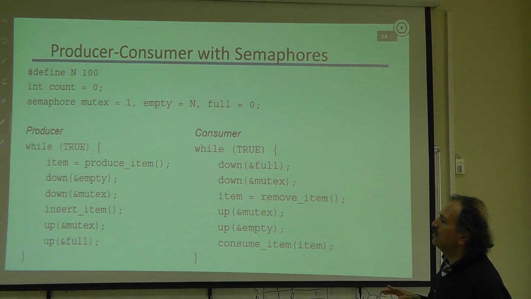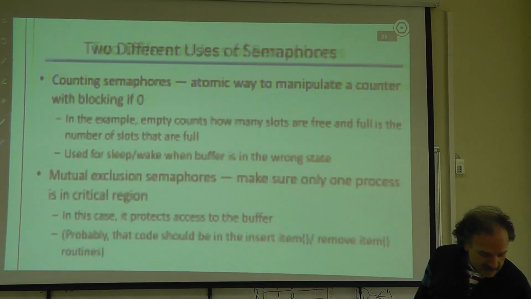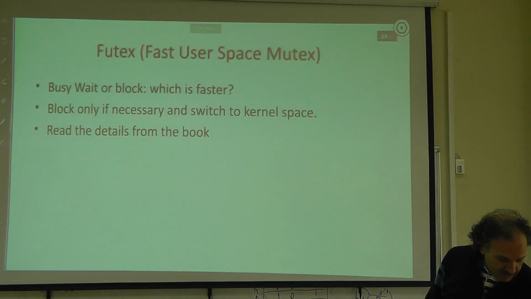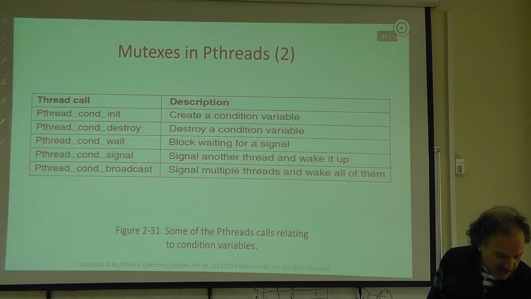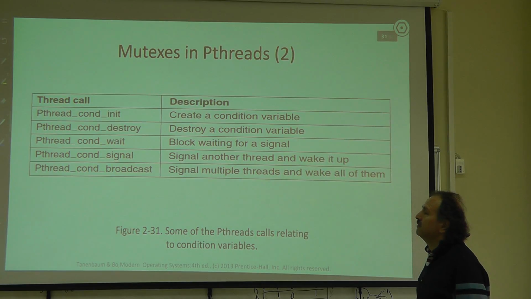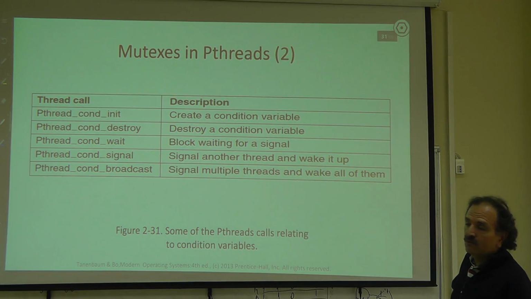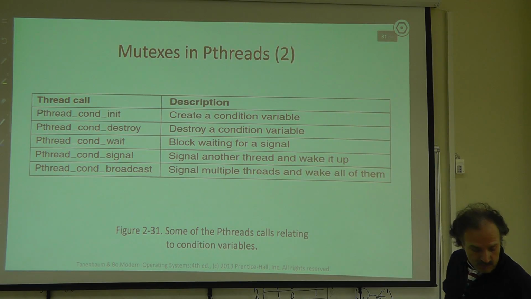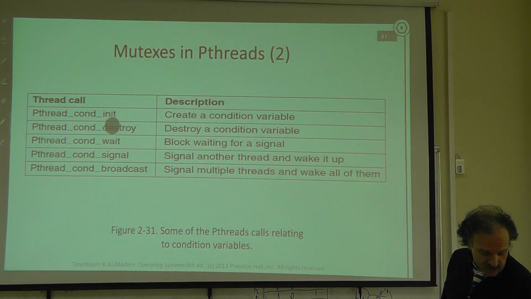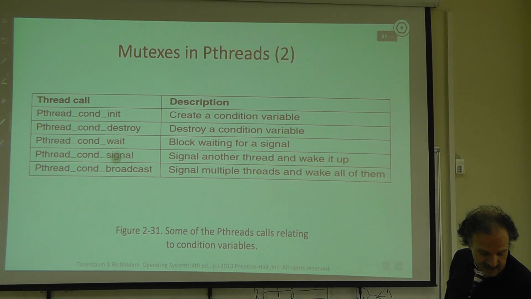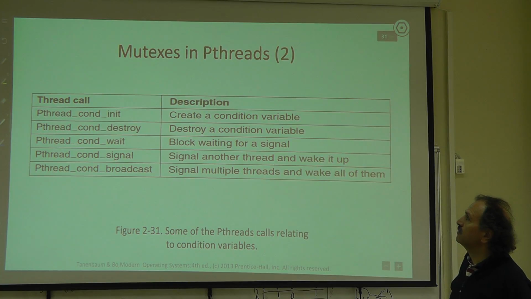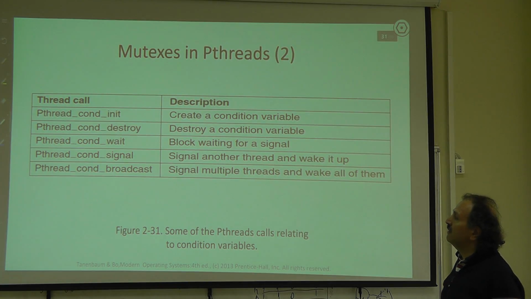Most of the time, with the mutexes, you need another way of checking if the buffers are available. For that, we have the condition variables. They are almost exclusively used with the mutexes. You create a condition variable, you destroy a condition variable. Wait and signal and broadcast are the other important condition variable functions.